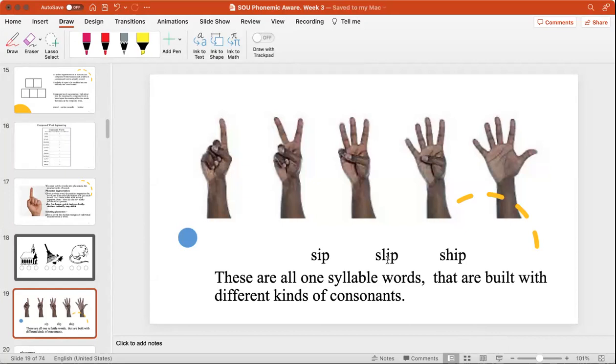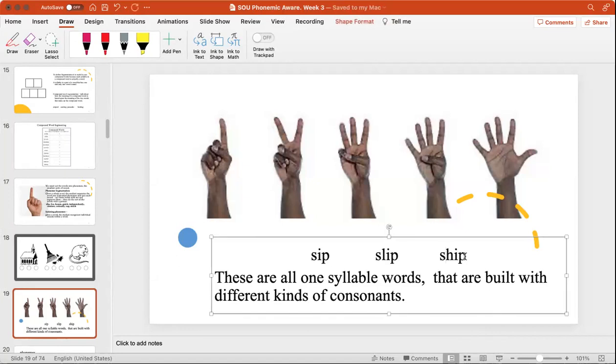I is a separate sound. It's a single vowel. P is a separate single consonant. In the word ship, SH is a consonant digraph. 2 letters, 1 sound. The I is a single vowel and the P is a single consonant. And is it good to be talking to your students about with these names? Yeah.